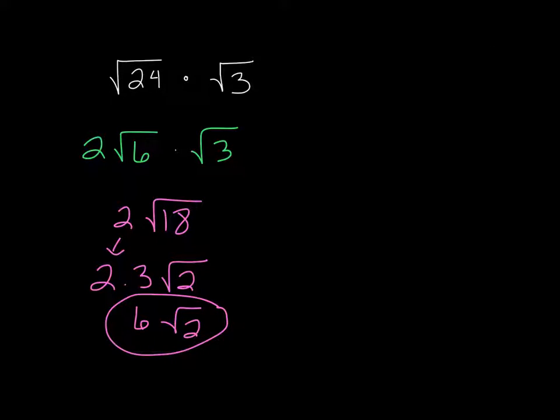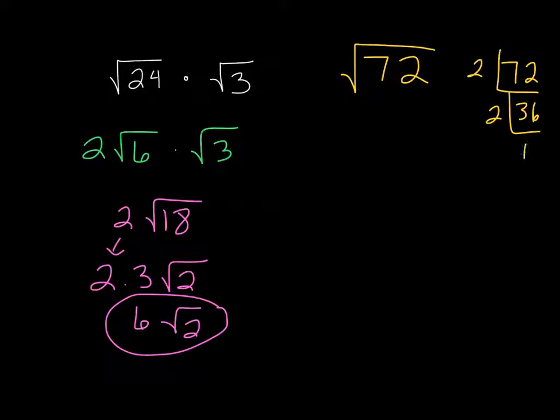Okay, and just to show you that it wouldn't have mattered, let's see what would have happened had I multiplied first. 3 times 24 is 72, so that would have been radical 72. And then if I did the prime factors of that, you'd get 2 times 36, 2 times 18, 2 times 9, 3 times 3.